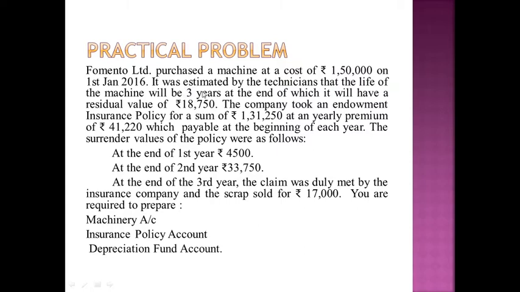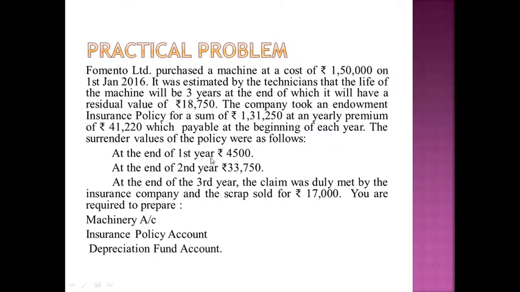When you deduct the scrap value or the residual value, then you arrive at a value which is equal to the policy amount. And the yearly premium of this policy is 41,220, which is payable at the beginning of each year. The surrender values of the policy were as follows.